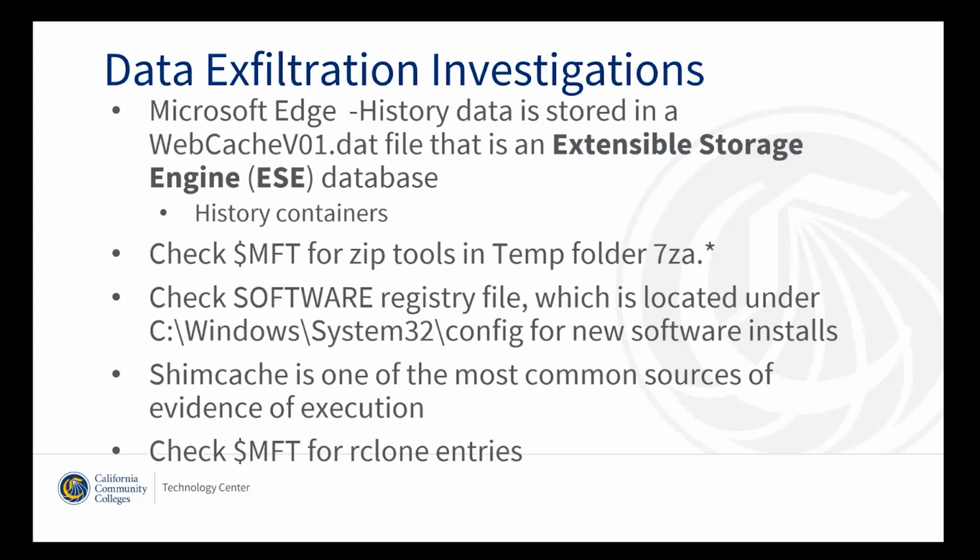Like, again, as we talked about, shim cache is a very good place to discover if files have been executed. And then rclone is another piece of software that's used to exfiltrate data, and the file table is a great place to see if that file was used or stored on the system.